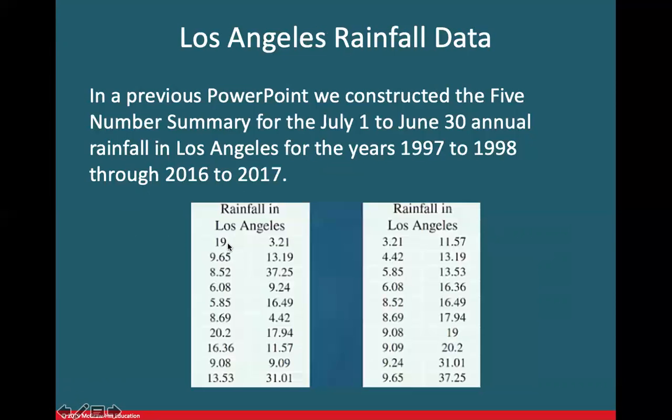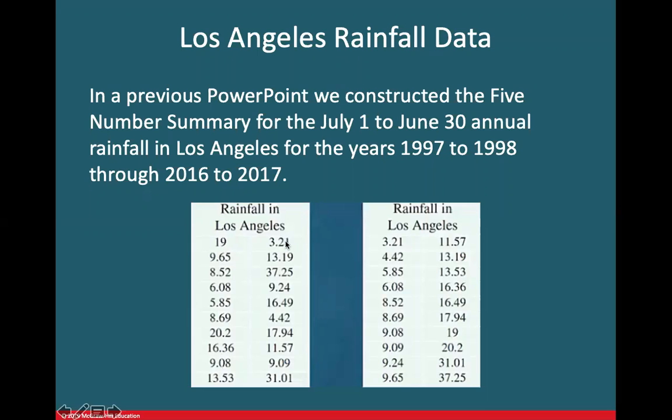So what is the minimum? What is the maximum? But this is not ordered. Is this ordered? This is not ordered, but when I check all the members, the maximum is 37. The smallest is 3.21.